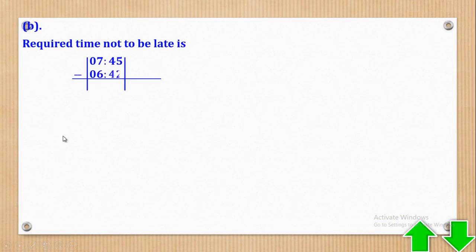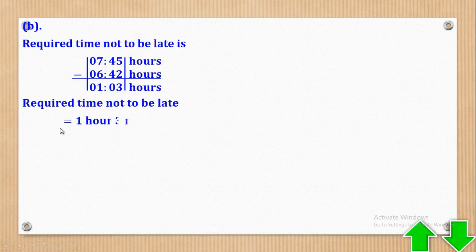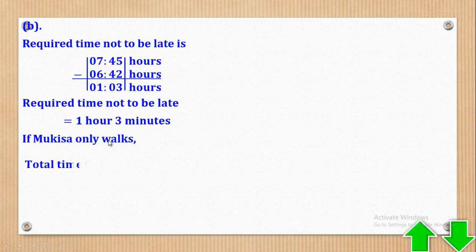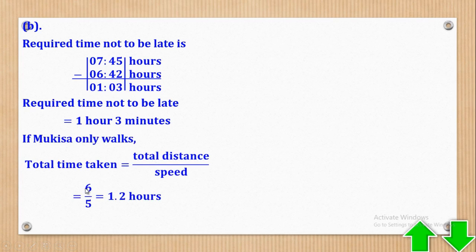First of all, the required time not to be late will be 1 hour and 3 minutes. Therefore, if Mukisa only walks, the total time taken will be total distance over speed. Total distance is 6 and speed is 5, so it will be 1.2 hours. Then I convert it to 1 hour and 12 minutes.